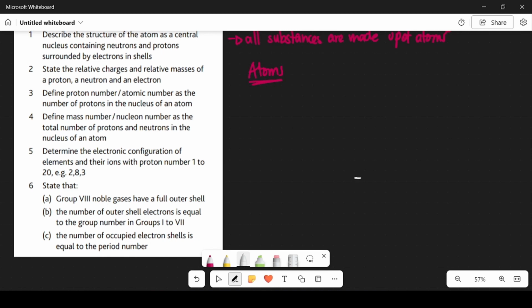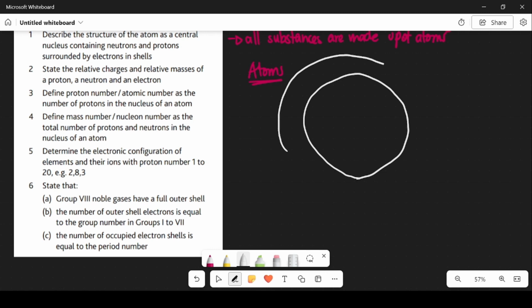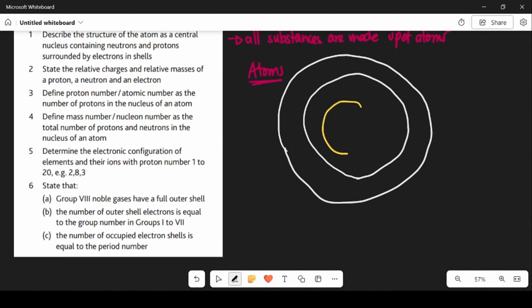So, don't mind my circle drawing skills. This is supposed to be some sort of a circle. There we go. That's alright. And then let me draw this one with a different color. An atom has these ones.